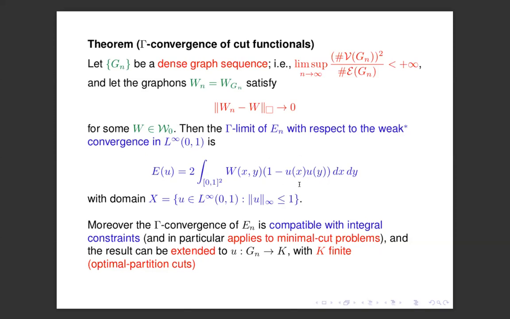And the important thing is that this convergence is compatible with the integral constraint, which is the way you express the constraint on the number of nodes that are in one of the two families, 1 and -1, so that you obtain an approximate cut problem. Hopefully, since there is a lot of work on non-local functionals, there are ways to explicitly construct solutions to the minimal cut problem in the limit.